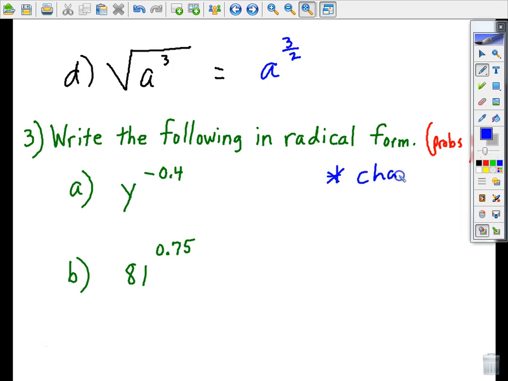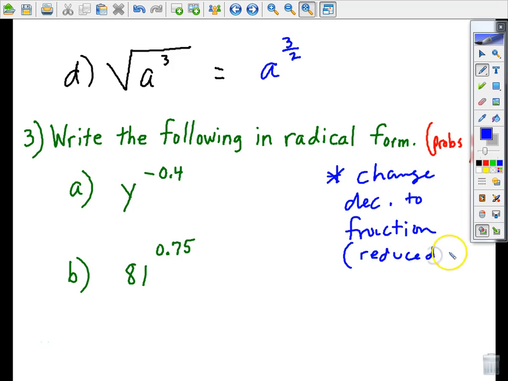Always change decimal to fraction, and I'll go a little bit further than that. It needs to be a reduced fraction and improper, if necessary. In other words, you wouldn't have a mixed number exponent.